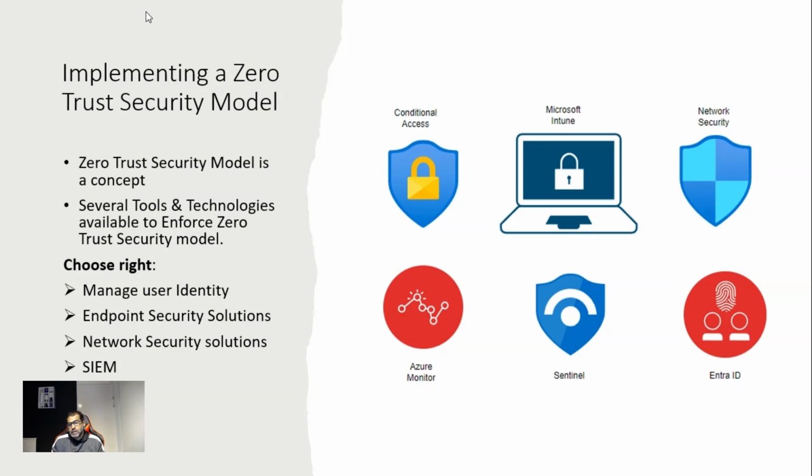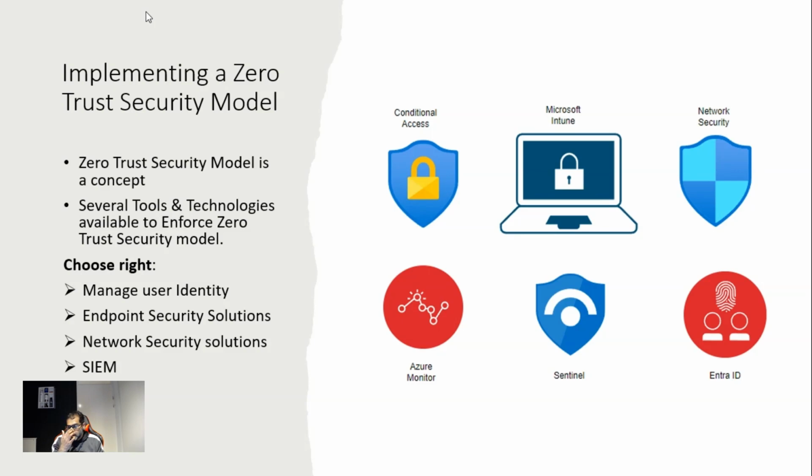And for network security, over the top, you have the option to enable DDoS protection on Azure. You have the option to enable some security measures on the network security group. So all these things can help in securing your web applications that are hosted in Azure or that you're consuming as a SaaS.